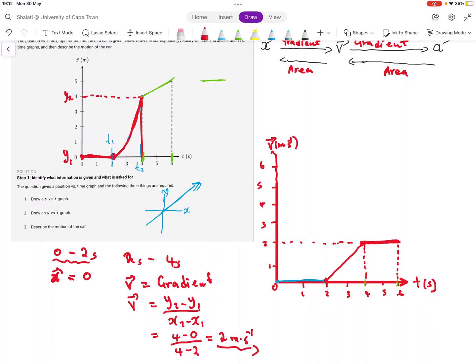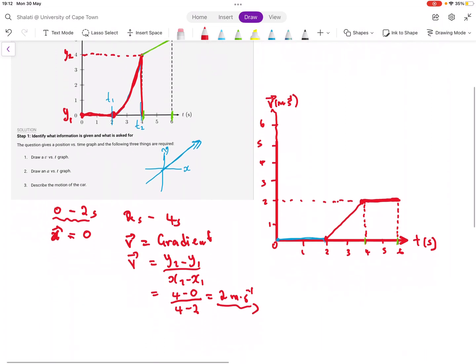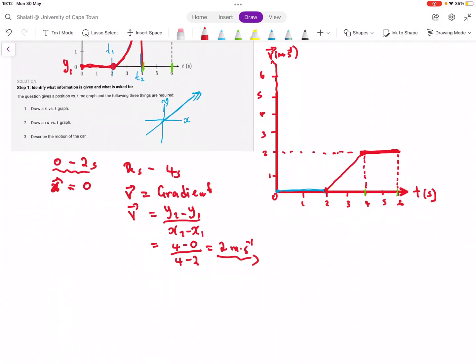Okay, from here, when you have to draw the acceleration time graph, you just use the same logic. The acceleration time graph, now we will get it from the velocity time graph. So quickly I'm just going to put this here. I must try to get my acceleration time graph from this.